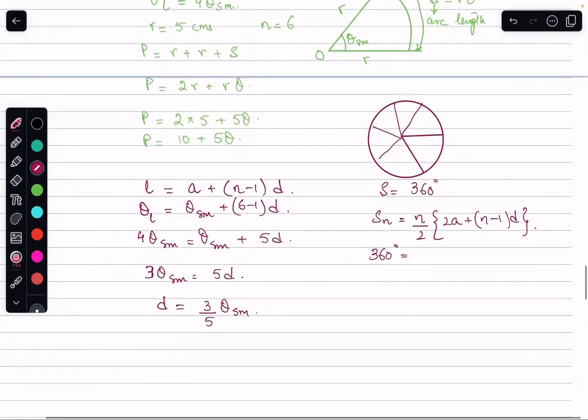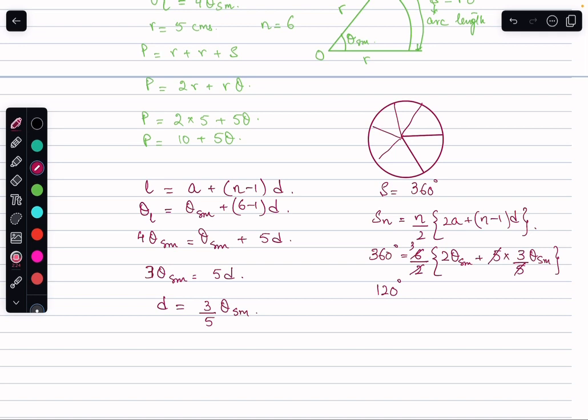n is equal to 6 divided by 2. a here is going to be the theta of the smallest sector, plus 6 minus 1, giving me 5 times d, and for d I will be substituting 3 by 5 theta of the smallest sector here. So the 5 gets simplified. I will here be left with 6 and 2 also getting simplified, and 360 divided by 3 will give me 120 degrees, which shall be equal to 2 theta of the smallest sector plus 3 theta of the smallest sector, and here I can say it equals 5 theta of the smallest sector.